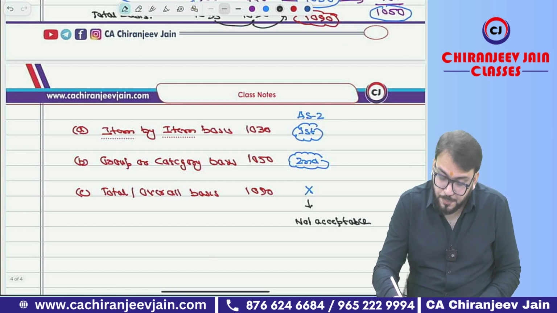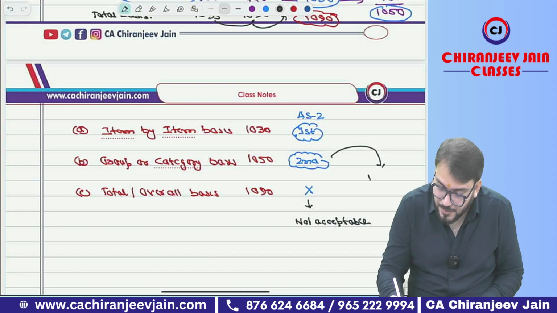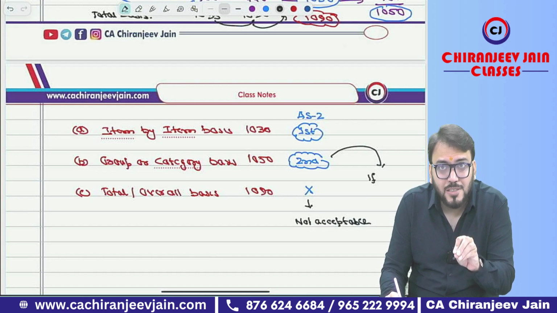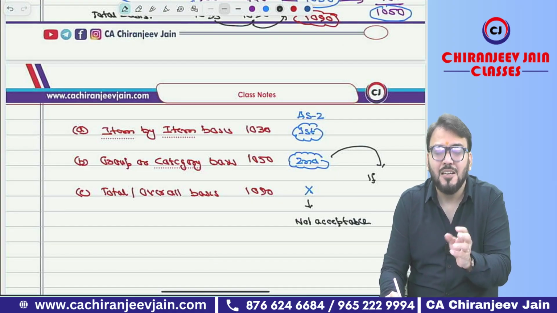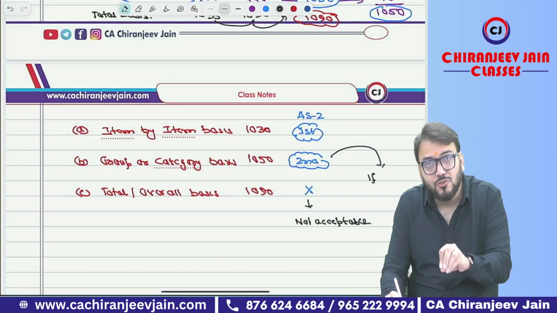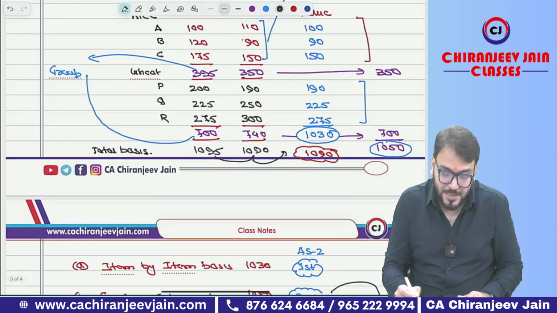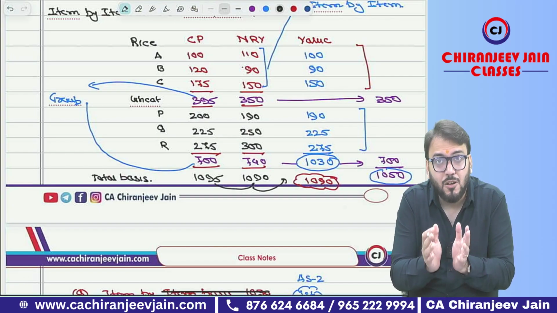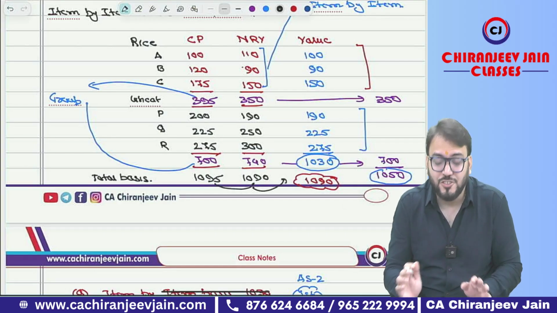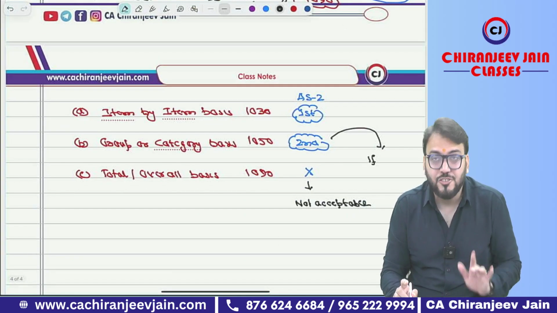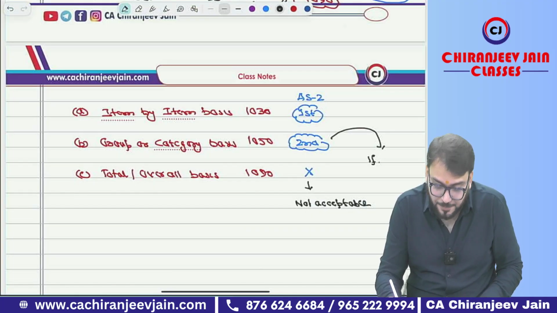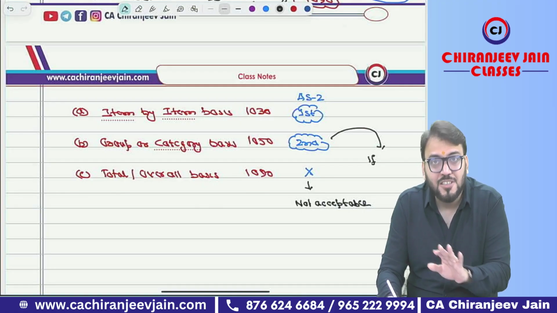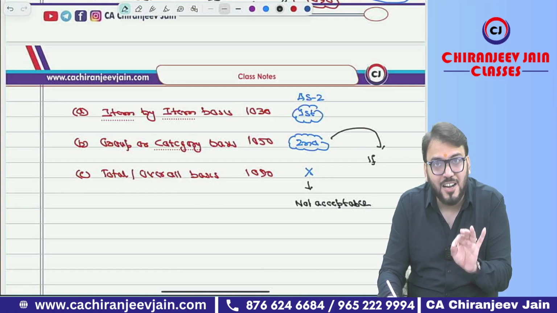Group basis can be applied if items in that group are of similar nature, having similar price. Means if these A, B, C are similar as well as similar on prices, then we can also apply group basis, but we can't apply overall basis. Are you able to understand? So item by item basis first preference, second preference group basis, total basis or overall basis can't be applied.